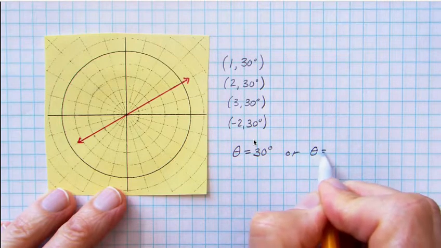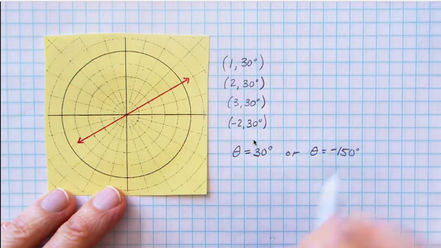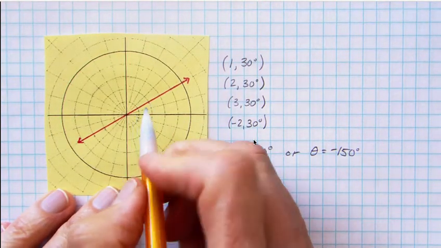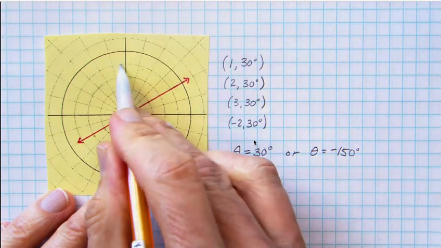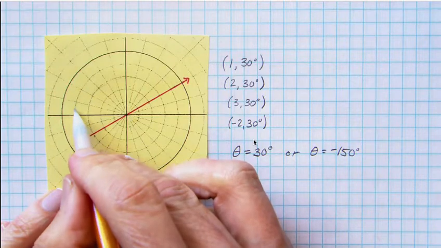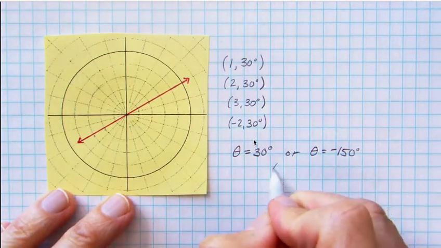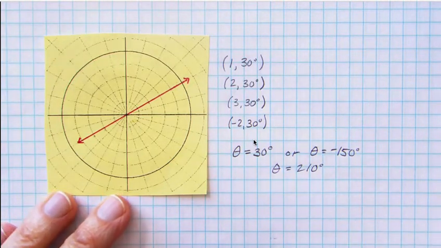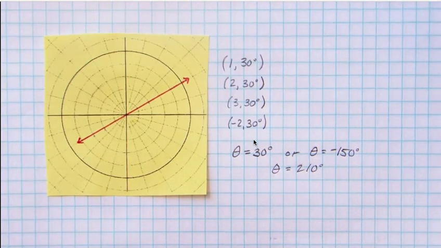So theta equals -150 degrees. Other students will say, hang on, there's more than that. If we go out 4, we could rotate 210 degrees and get to that spot. So there's another option. In fact, there's an infinite number of equations that would make this red line.